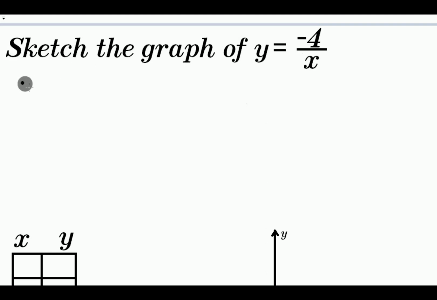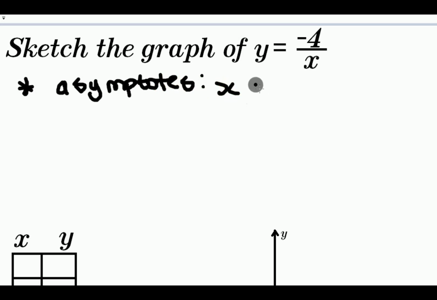So just from the question, the first thing that we're able to notice is that our asymptotes, since it's at the origin, the vertical one is going to be x is equal to 0, and the horizontal one is going to be y is equal to 0.